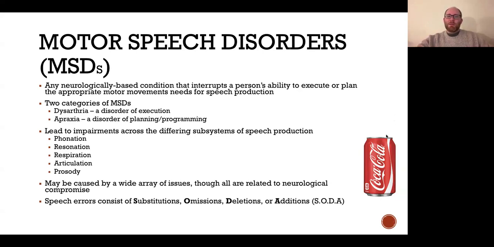Motor speech disorders can be caused by a wide array of different issues, which we'll get into a little bit, but they are all related in some way to neurological damage or compromise. And most of the speech errors that we'll be going over tonight consist of what I like to refer to as SODA, a nice acronym you can use to remember that, and that stands for substitutions, omissions, deletions, or additions. SODA, which is why we've got that can of Coke there.